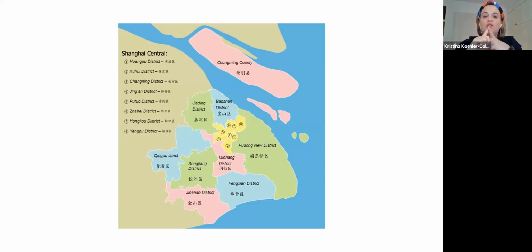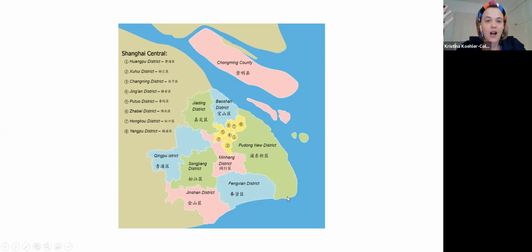And then you've got Pudong New District, Fengxian, Minhang, Songjiang, Jinshan, Qingpu, Jiading, Baoshan, all right? Those are then the outside districts, but all within Shanghai. The yellow areas are in theory really, when you say it's Shanghai Central, all of those areas are CBDs in themselves. Okay, that's kind of how Shanghai is formulated.